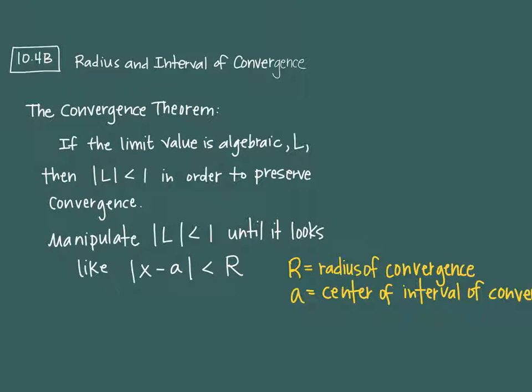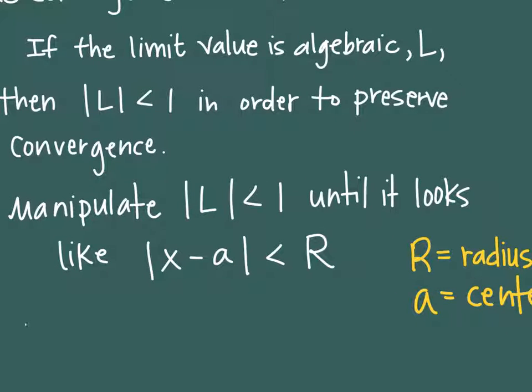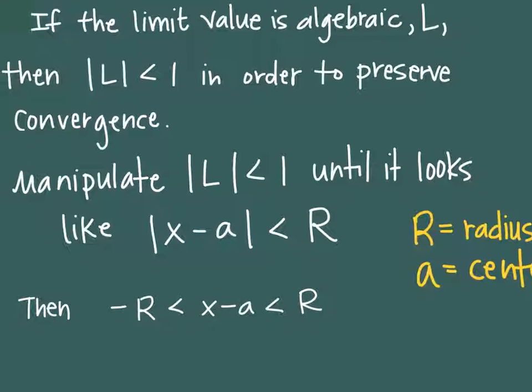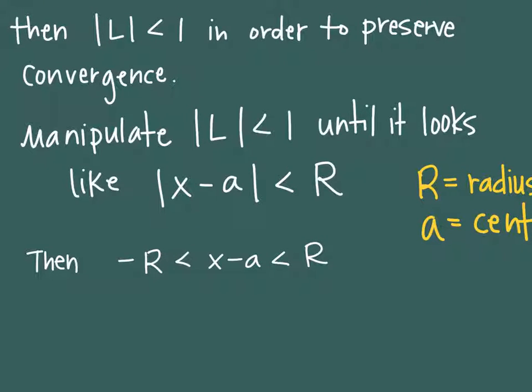Then if you get x by itself, you can make it look like this. Once you have the R, you can take off the absolute values, and you'll have negative R is less than x minus a, which is less than positive R. That's what a radius means: some to the left, some to the right when you take off those absolute values. And then how do you solve for x by itself?